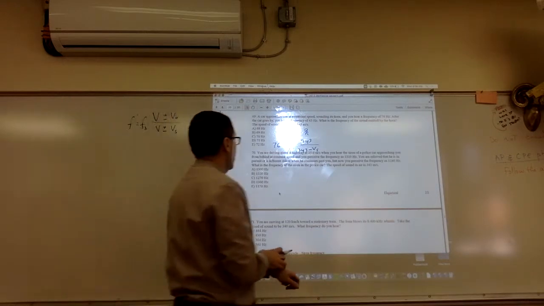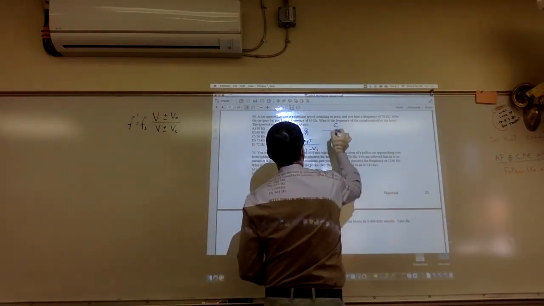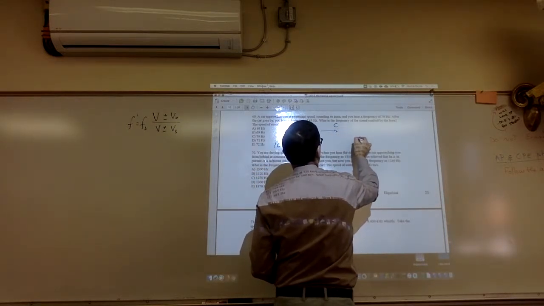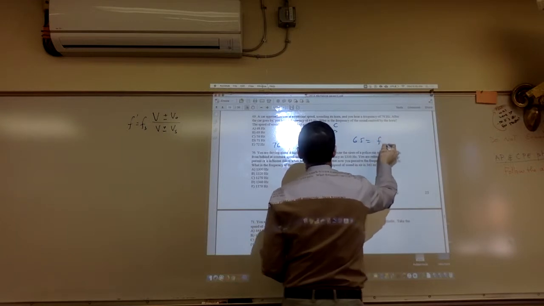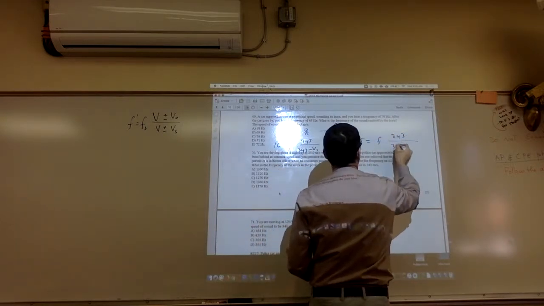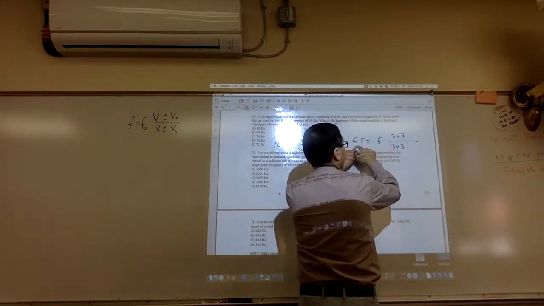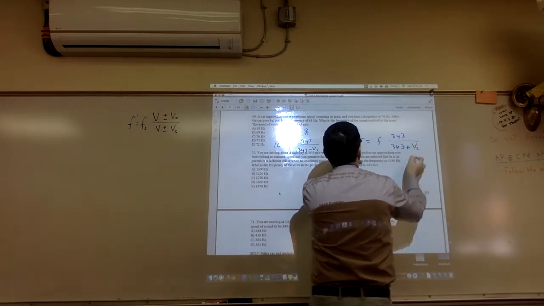Now the other equation would be, well, the car passes you. So you're going to hear something lower than what's actually being made. F times 343 over 343. Now, if you're going to hear something lower, you have to put a plus here, plus V source.